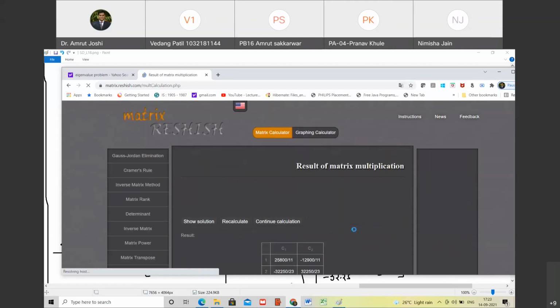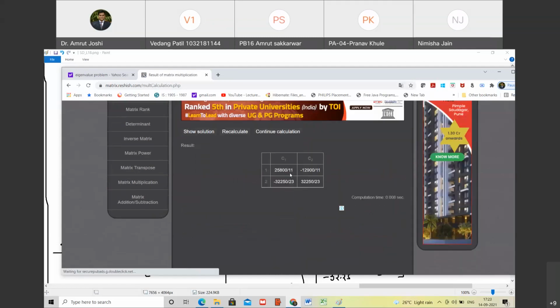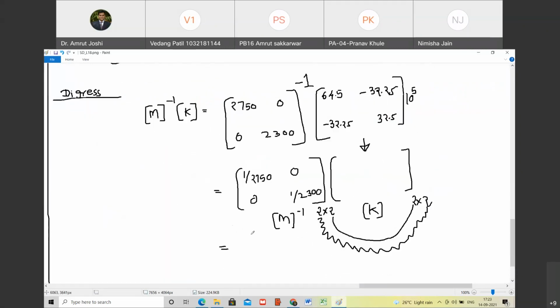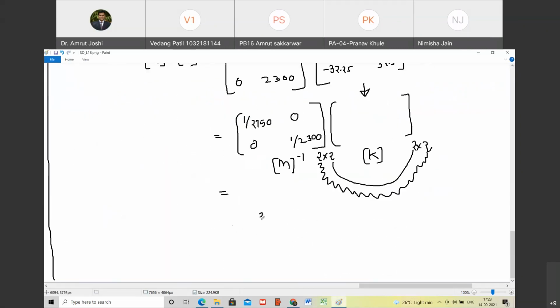Calculate. Yes. So what is the multiplication? So we have got the multiplication and it is represented as a fraction. No problem. I will write that down. So it is 25800 by 11. Happy?